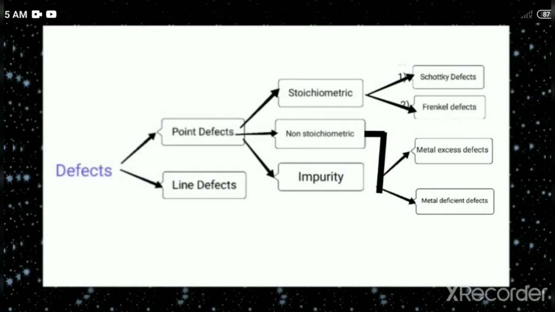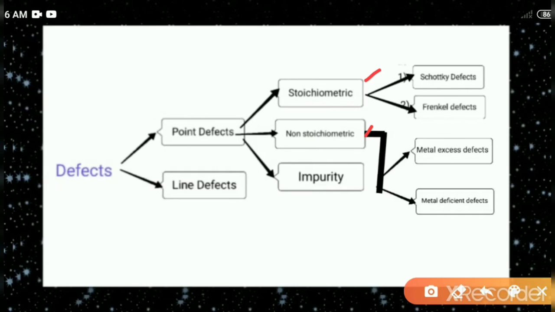So in this way we have finished the defects. Let us once again see the classification of what we have discussed. That is point defect and line defect, 2 types of defect we have discussed. From this, point defect is of 3 types: stoichiometric, non-stoichiometric and impurity defect.